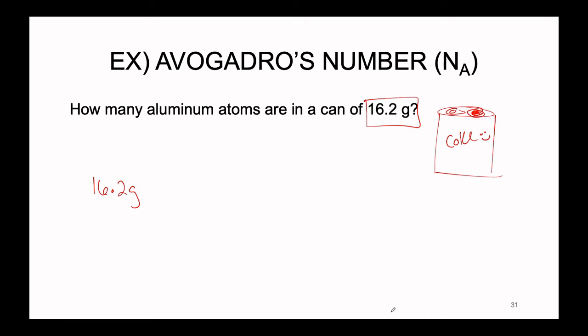All we have to do to figure out the atomic molar mass of aluminum is look at the periodic table. So I'm gonna write this down here. The periodic table has all atomic molar masses.